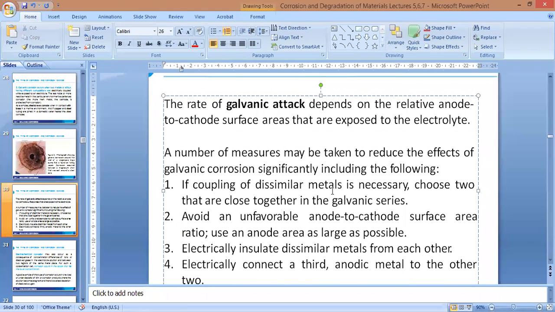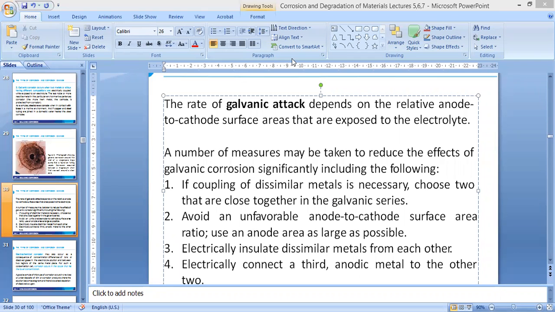Okay, so we're back on the slides. I hope we're able to see it now. Are we able to see the slide? Yes, I can see the slide.